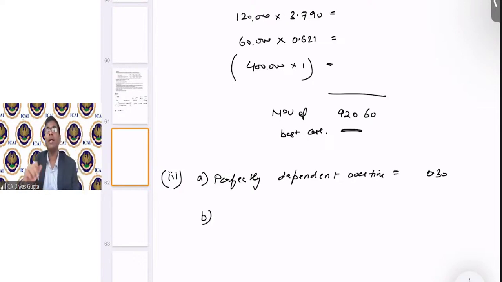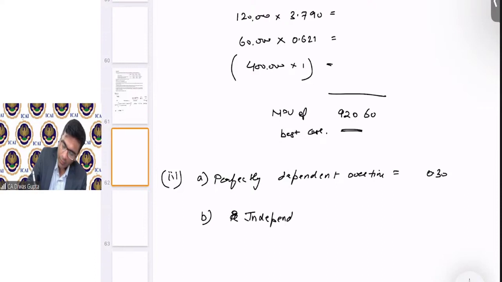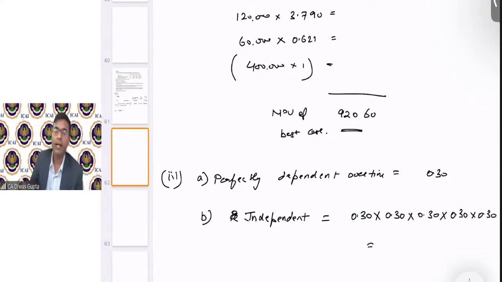Now if they're independent over time, so in the first year there is a 30% chance, then again in the second year, out of that 30% there is another 30% chance, and in the next year out of that 30% there is another 30% chance that the worst case will come. And hence for the independent case, 0.30 in first year, 0.30 in second year, 0.30 in third year, fourth year, and fifth year. Correct.